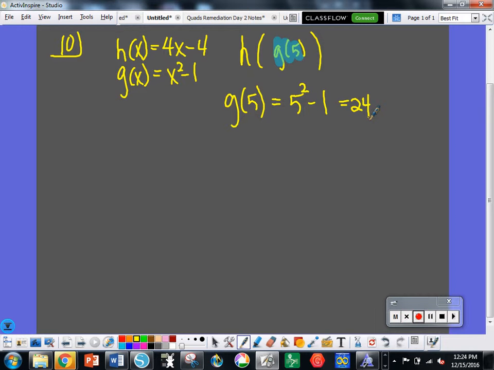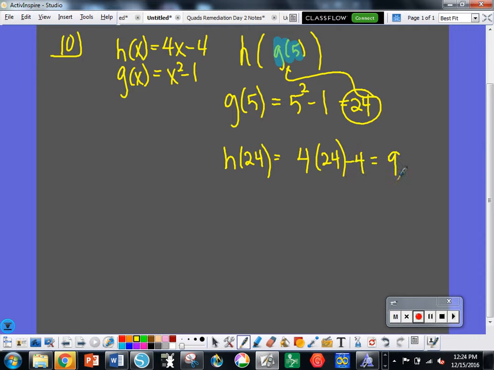Now what do I do with that 24? We take it and substitute it in. So h of 24 is what? 4 times 24, which is 96, minus 4, should be 92.